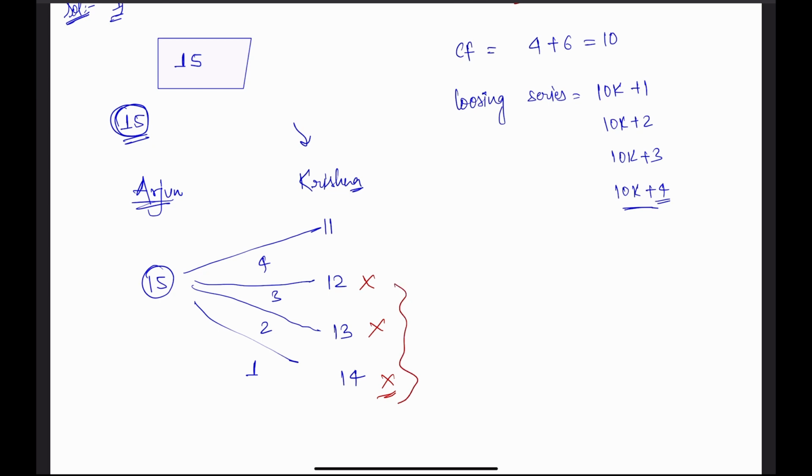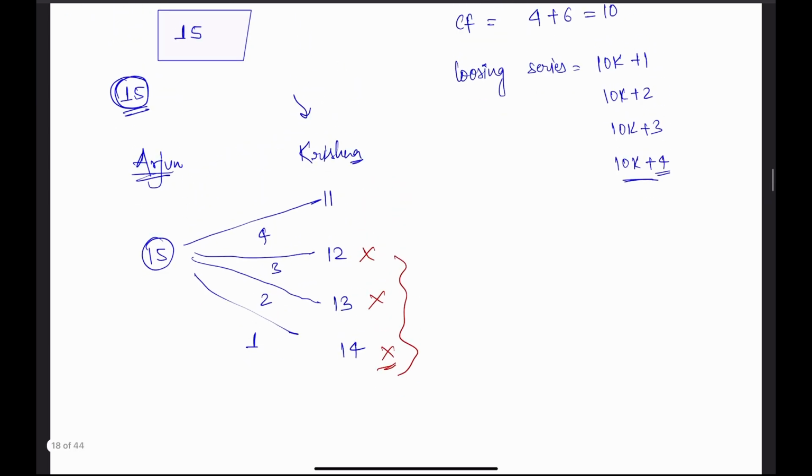So in the first round, what will happen? Of the 15 coins that were already on the table, 4 coins Arjun will pick. Then there are 11 coins left.